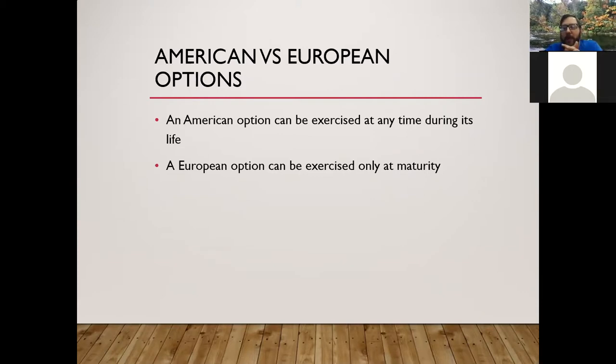If it is an American option, then it's up to March 15th. But if I want to do it on February the 13th, I can, because I have that freedom in an American option, right? So when you're looking at the contracts, American versus European options, that's all it is. If it's an American option, you can exercise it whenever you want. If it's a European option, it's on that day of maturity.